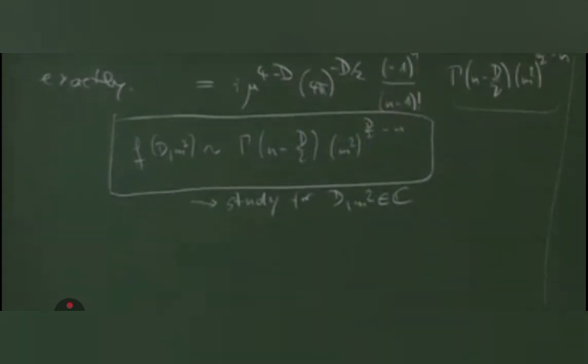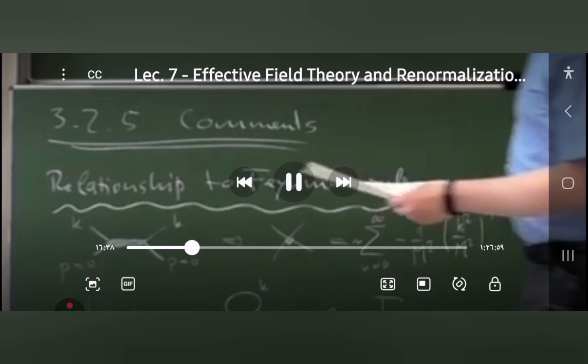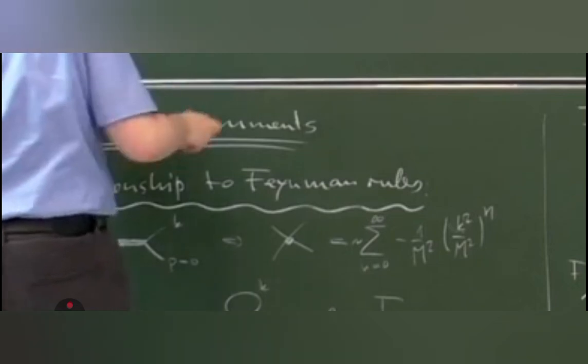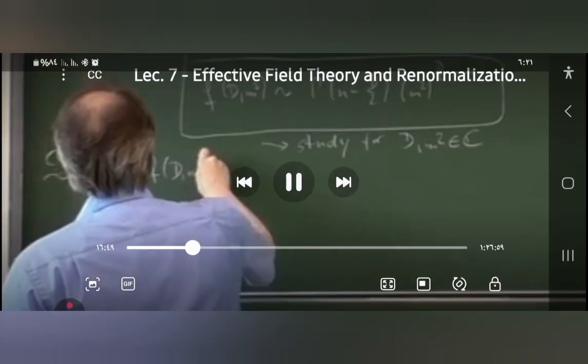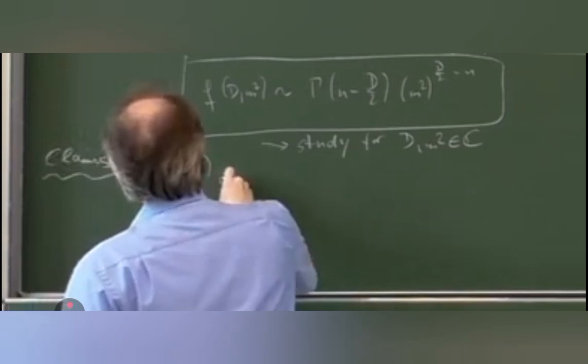So let me do it in the following way, kind of a more mathematical procedure, which is nice in this case. So let's immediately write down some claims and afterwards prove them. Namely, our function f of d and m square has the following properties.